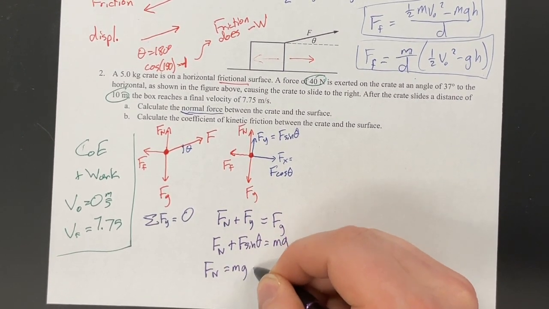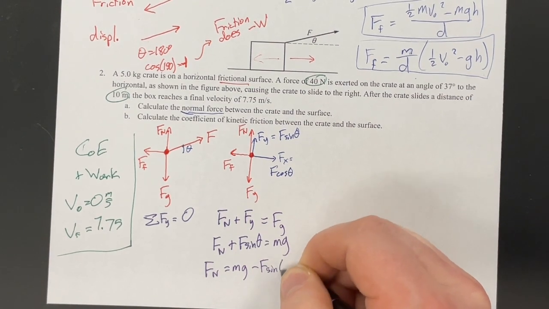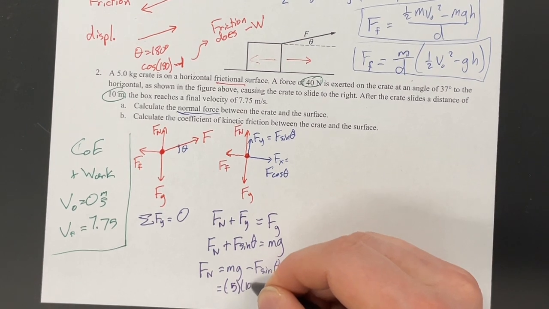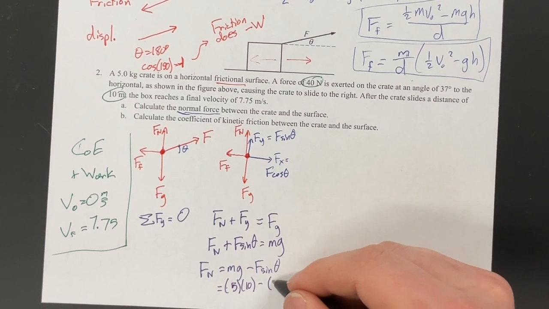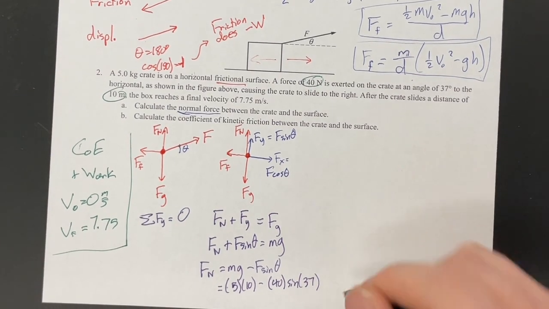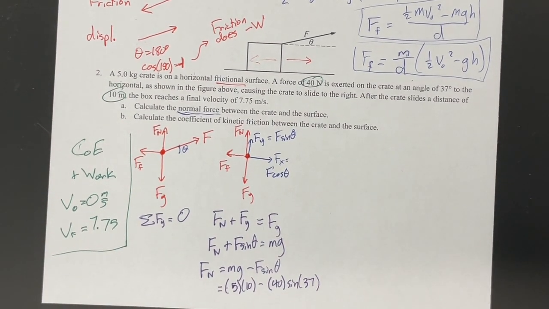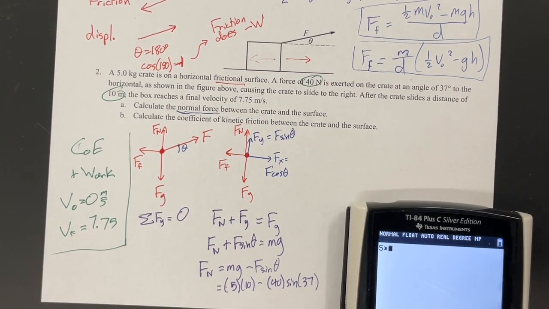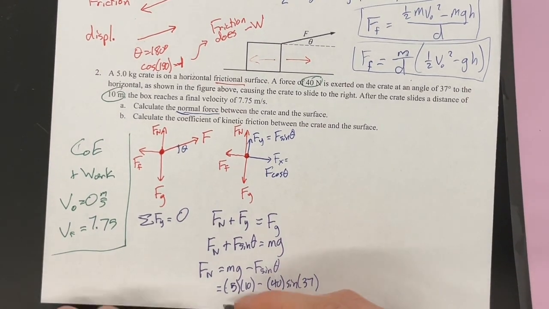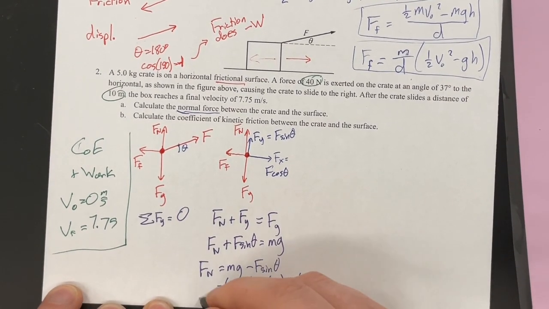So then subtract that F sine theta from both sides, and we can plug in some numbers. 5 kilograms, g is 10, minus F is 40, sine theta, theta is 37 degrees. So I can do 5 times 10 minus 40 sine 37, and I get 25.9. I am going to round that to 26 newtons.